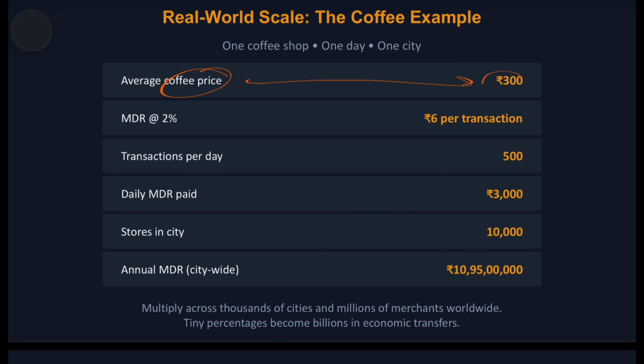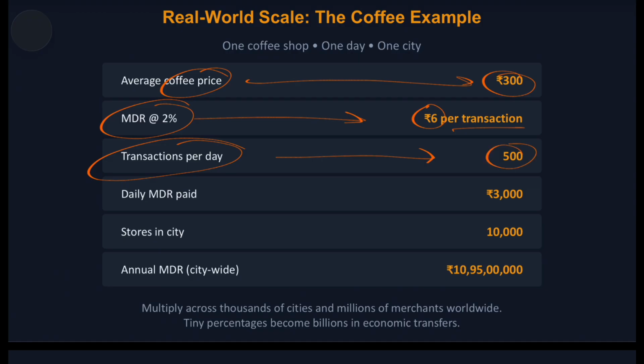So let's say an average coffee price is 300 rupees, and an MDR of 2% would be 6 rupees per transaction. So transactions per day, let's imagine it's 500. So daily MDR paid is 3000 rupees. Let's say there are 10,000 such stores in the city. So annual MDR would go up to this big amount.